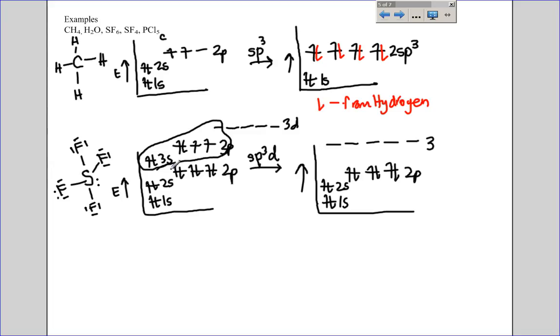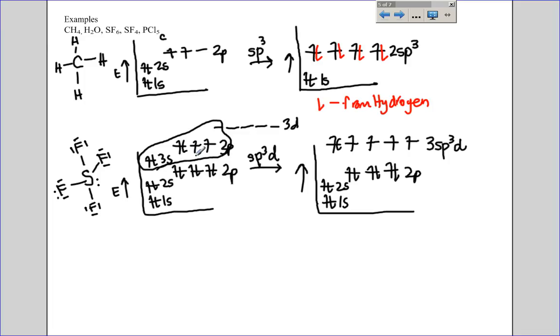And you'll notice that the orbitals that we hybridize are all from the same energy level. So here's our hybrid orbitals, and let's look at the electrons that we have for placing here. We've got 2, 4, 5, 6 electrons. So when we place them in the hybrids, put singly, and we've got 1 pair.